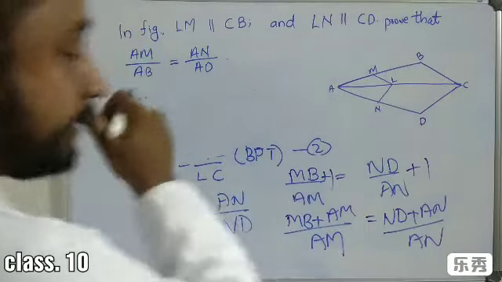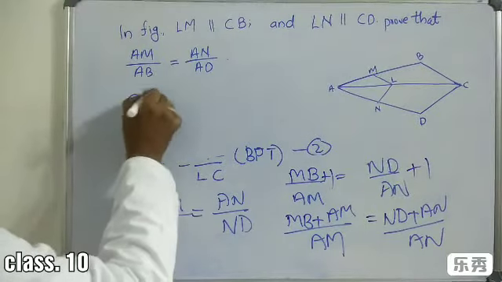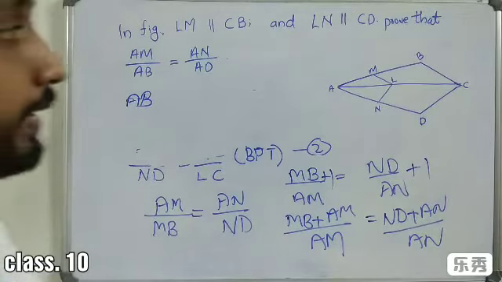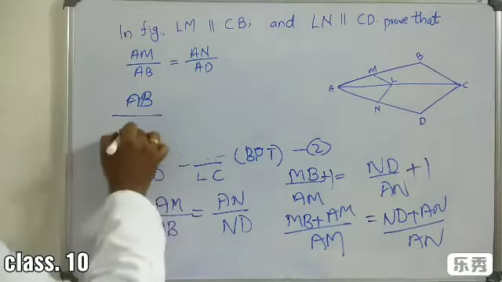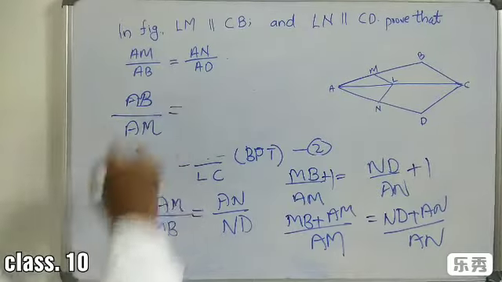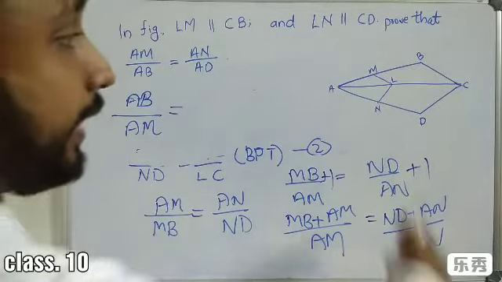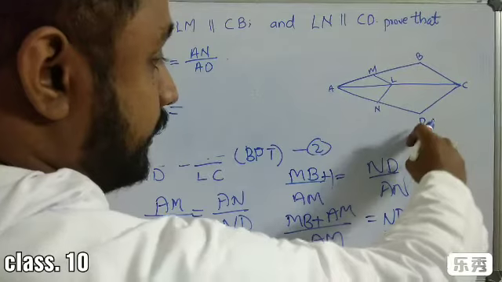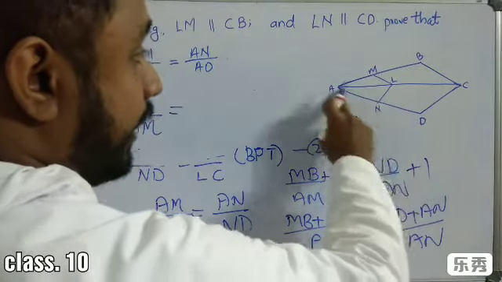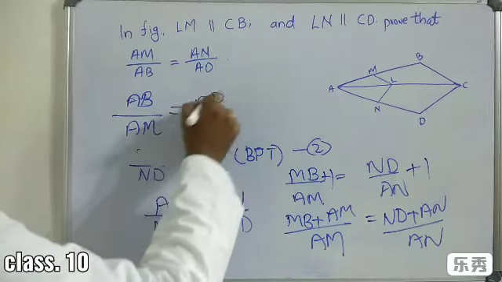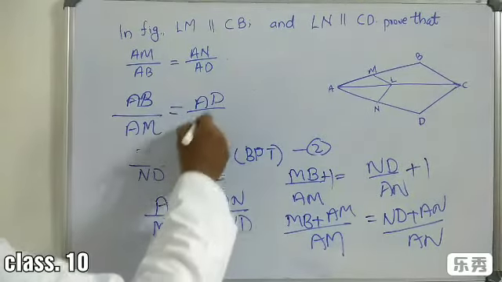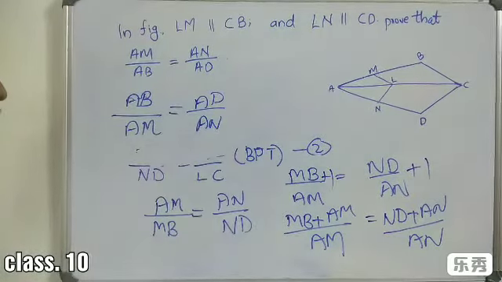MB plus AM means AB, so AB by AM. And ND plus AN means AD by AN. So we got AB by AM is equal to AD by AN.